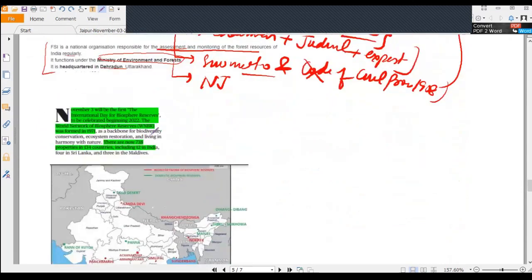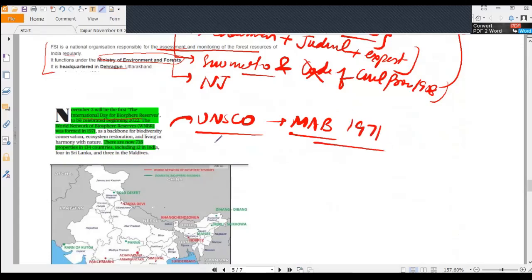Forward, this news item is related to Biosphere Reserve, where November 3 will be celebrated as International Day for Biosphere Reserves. Now, UNESCO started Man and Biosphere program in 1971 for biodiversity conservation, ecosystem restoration, and living in harmony with nature.